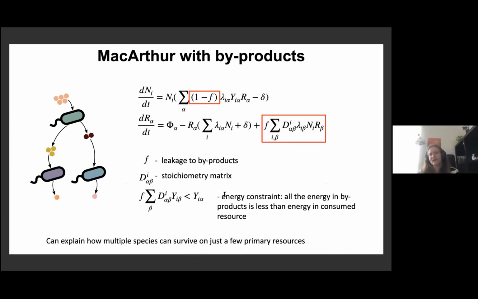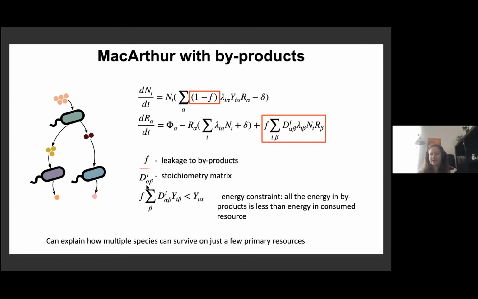One is that you start to introduce byproducts in your model. Byproducts are a first solution: if you have one primary resource, you basically artificially extend your resource space in order to accommodate more microbes in your system. And it actually adds two more parameters in your model. One is the leakage fraction, which shows how much of your primary resource goes to your biomass and how much is excreted as byproducts.